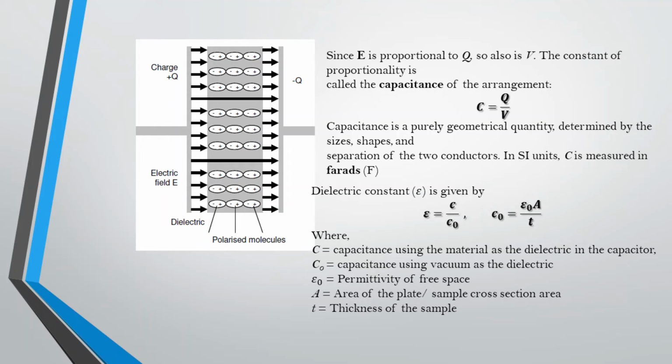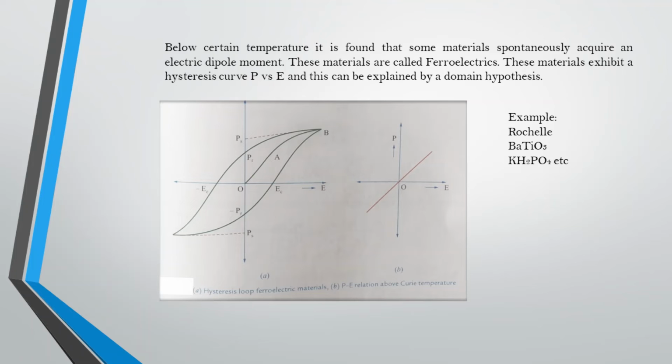So C0 is epsilon 0 into the cross-sectional area over the thickness of the sample. So C0 is epsilon 0 A over t. If the capacitance of the material is known, then by calculating C0 with the help of the dimensions of the material, we can get the dielectric constant, as the dielectric constant is C over C0.